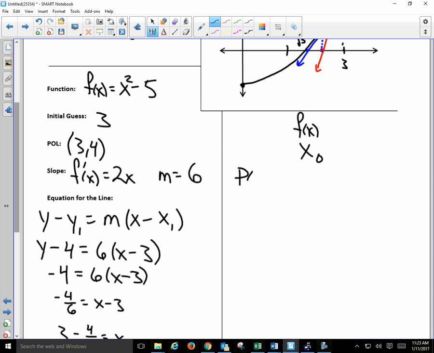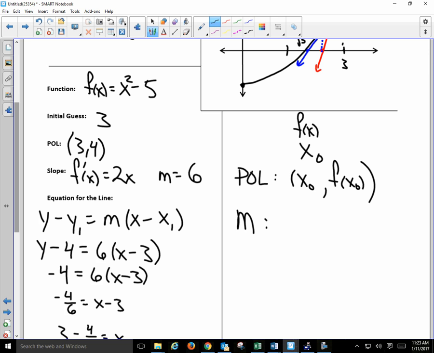The point on the line happens to be x sub 0 is the x value. How do you get the y value? We squared it and we subtracted 5, right? And so basically we plugged it into the function. So f of x sub 0 is going to be the y value for the point on the line.